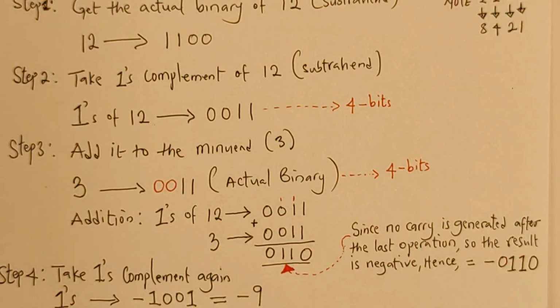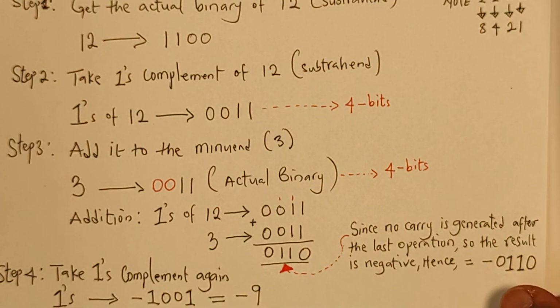This is very easy because carry was not generated. Since we have found ourselves in this situation, we need to go further and perform the last operation, which the rule says is that if carry is not generated, we need to take 1's complement again in order to get the actual result.